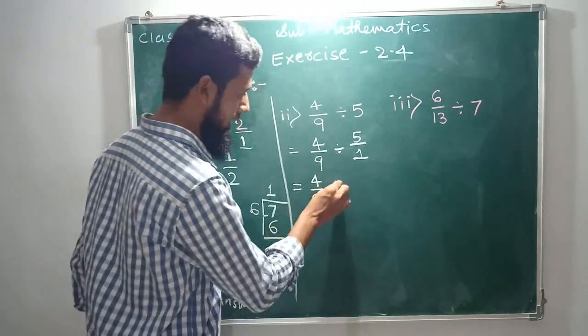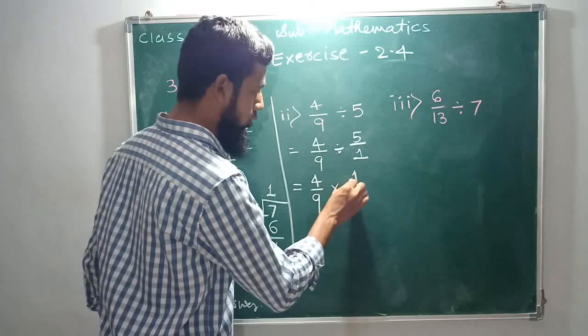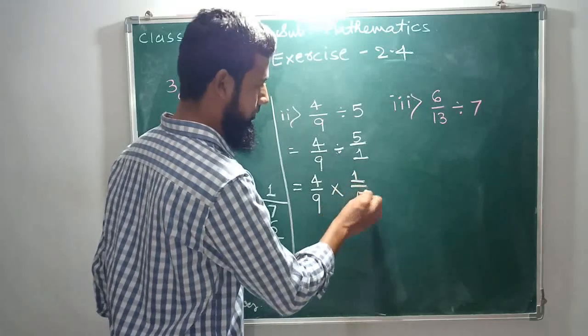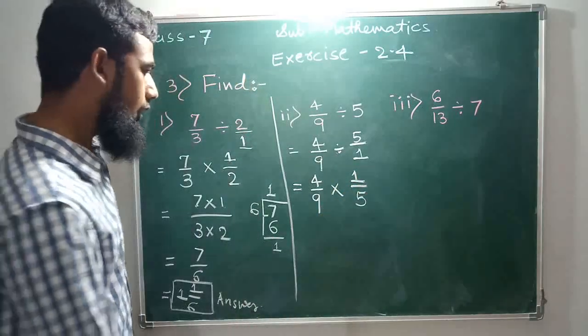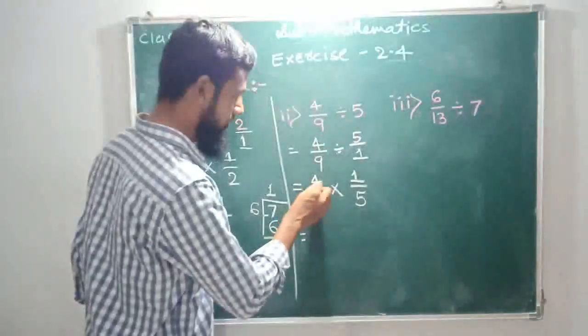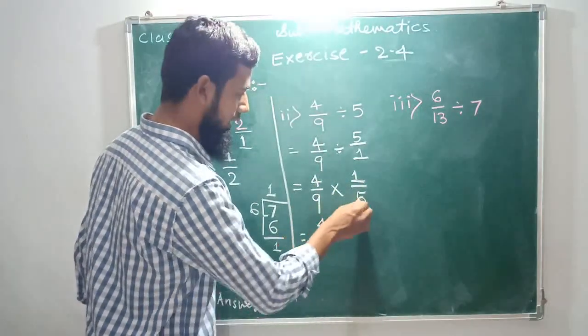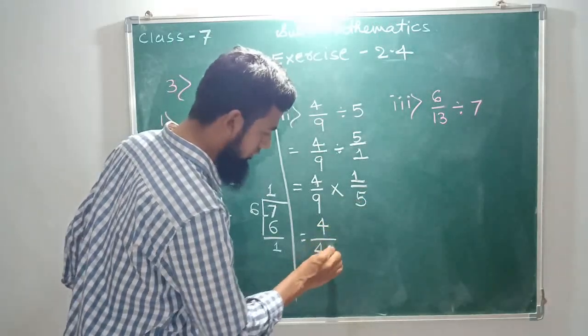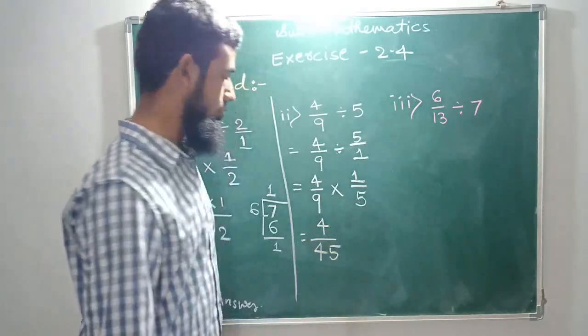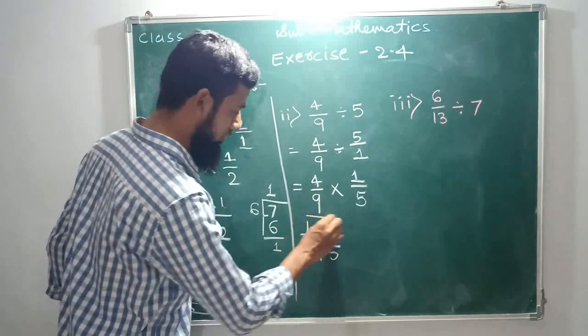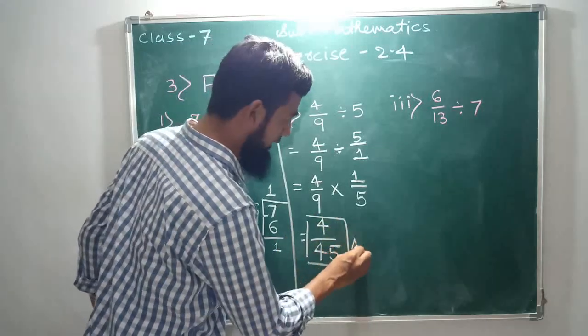So 4 upon 9 multiplied by 1 upon 5. Here directly we can write 4 times 1 is 4, 9 times 5 is 45. So it is your answer.